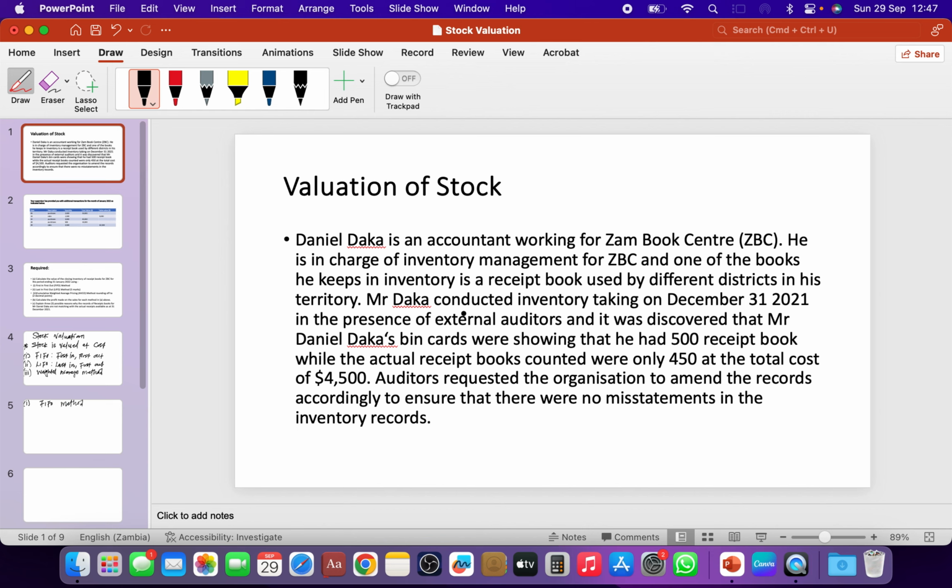Mr. Daka conducted an inventory taking on December 31st, 2021 in the presence of the external auditors, and it was discovered that the bill showed that he had 500 receipt books, while the actual receipt books counted were only 450 at a total cost of $4,500. Auditors requested that the organization amend the record accordingly to ensure that there were no misstatements in the inventory records.